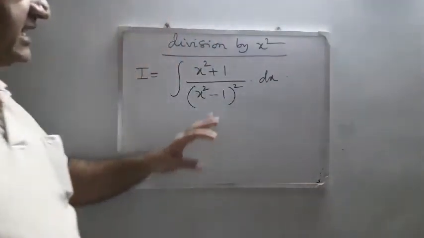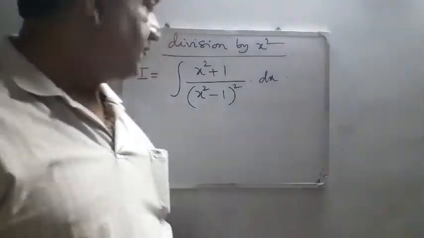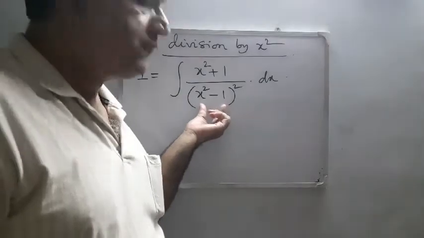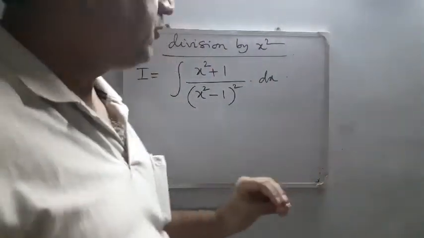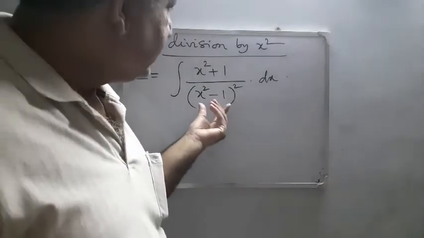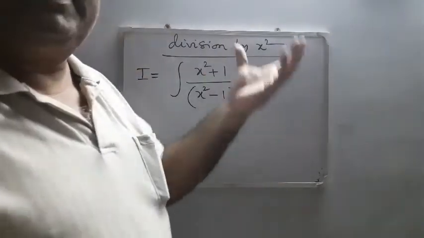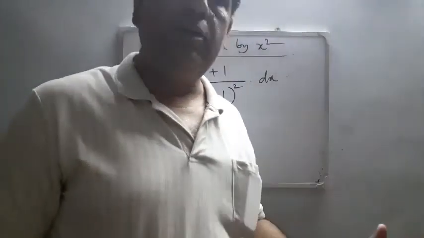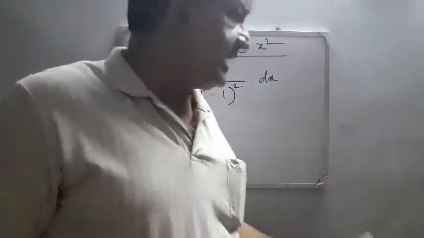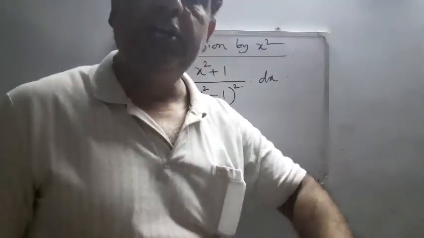Now boys, this technique is basically applicable in those problems where we are getting x power 4 in the denominator. Remember it, if you are getting x power 4 in the denominator, then we should try to divide numerator and denominator by x square. But this is not a hard and fast rule. It is practically applicable in such problems where you are getting x power 4 in the denominator.